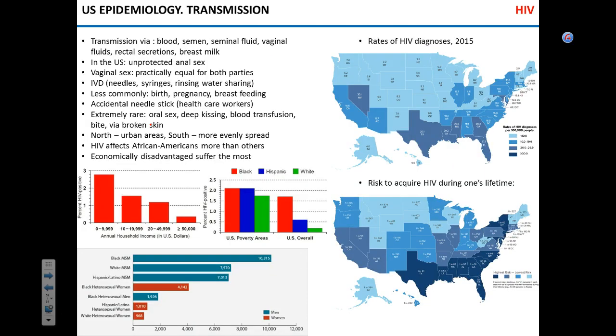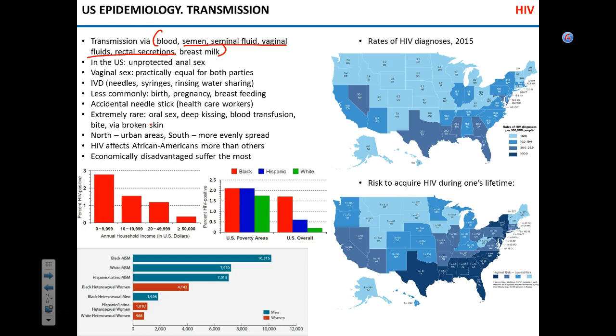Now, transmission. That's an exhaustive list. Blood, meaning transfusion, really. Can you get HIV via blood transfusion in the United States? No. Every batch is tested. Semen, seminal fluid, vaginal fluids, rectal secretions.